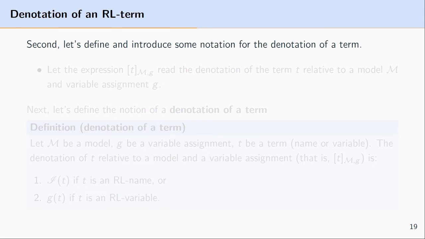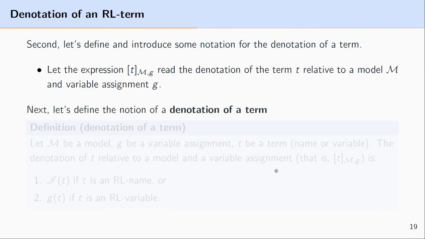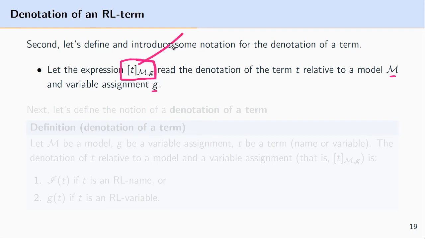Now that we've defined the notion of a term, let's introduce some notation for the denotation of a term, and then we'll go ahead and define this notion of a denotation of a term. So let's let the expression square bracket T sub M sub G read the denotation of a term relative to a model M and a variable assignment G. So we're going to use these square brackets right here to indicate that we're taking the denotation of a particular term.